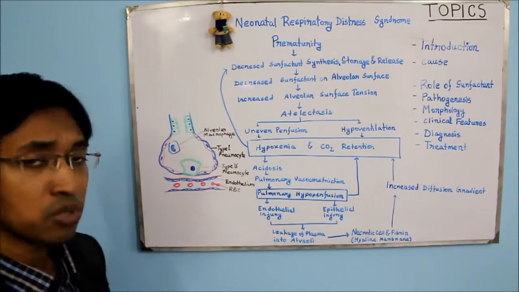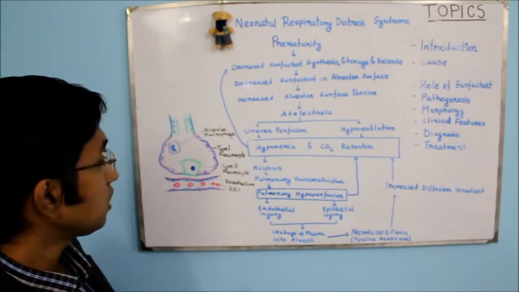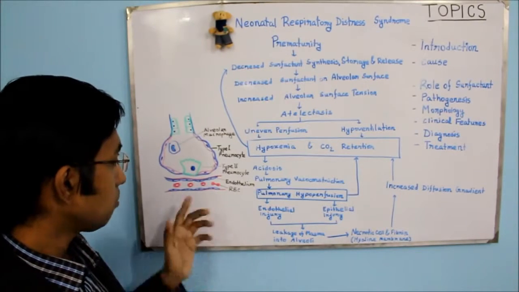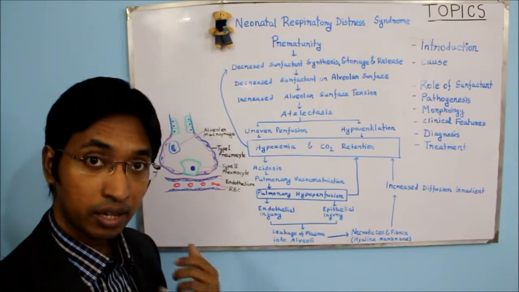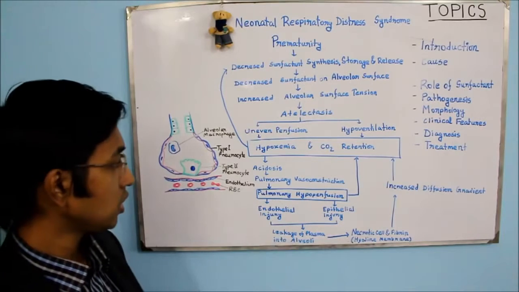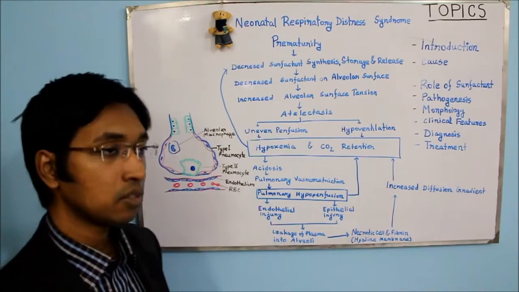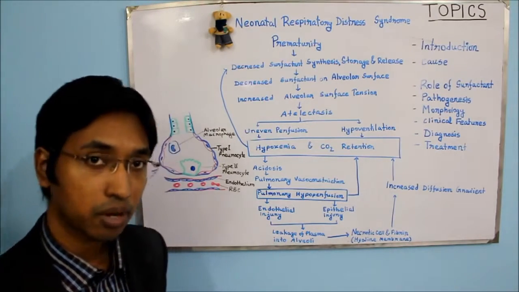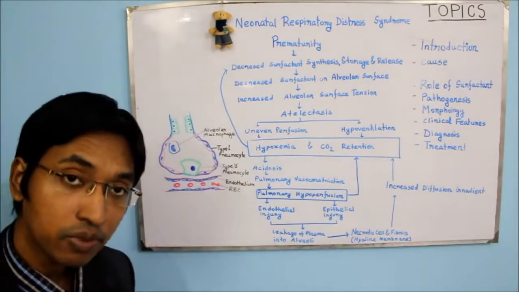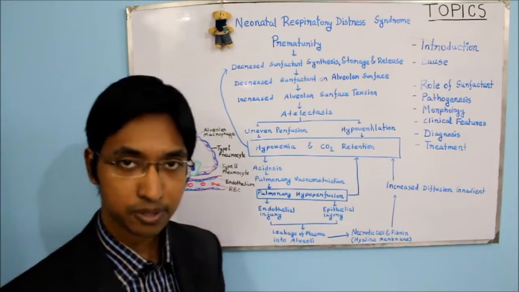Since there is a problem with ventilation, carbon dioxide is retained in the collapsed alveoli and also in the blood, and that cannot be excreted, and as a result there is carbon dioxide retention and acidosis. And also there will be hypoxemia, reduced amount of oxygen in the blood. And all these things are happening due to hypoventilation and uneven perfusion as a result of atelectasis or collapse.